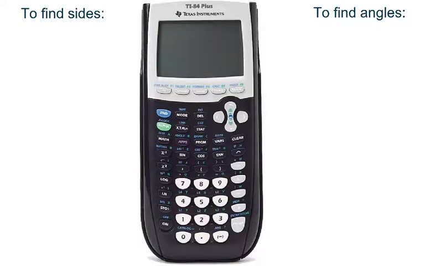Let's talk about some other stuff you did in your calculator. Anytime we do this, make sure that when you go to mode, it is in degree mode, because triangles are measured in degrees. When you click mode, make sure degree is highlighted and not radian. The other thing is right here are your sine, cosine, and tangent.